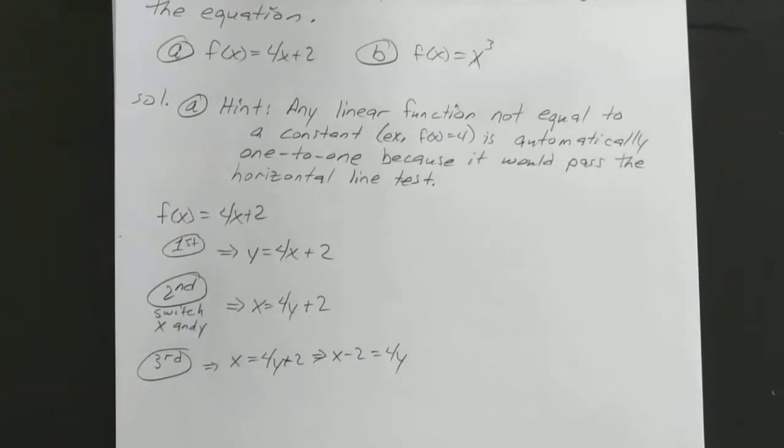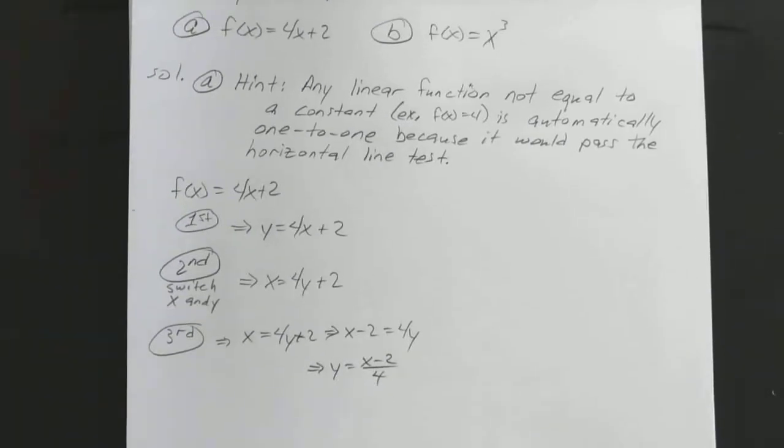Okay, so we know that x equals 4y plus 2 means we'll have x minus 2 equals 4y, which means we'll have y equals x minus 2 over 4. Okay.